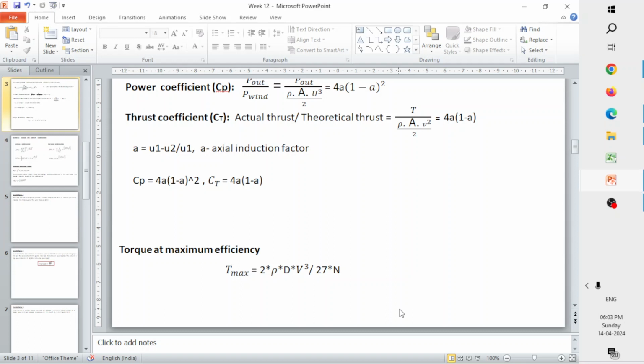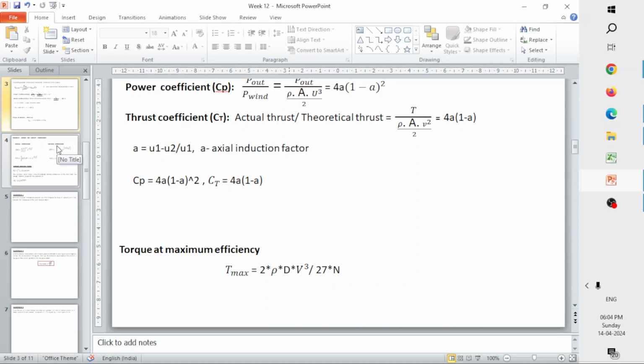The torque at the maximum efficiency is represented as 2 times rho times d times v cube by 27n. Once we solve a question related to this, at that time we will see how to derive this torque at maximum efficiency. It's a very simple derivation.